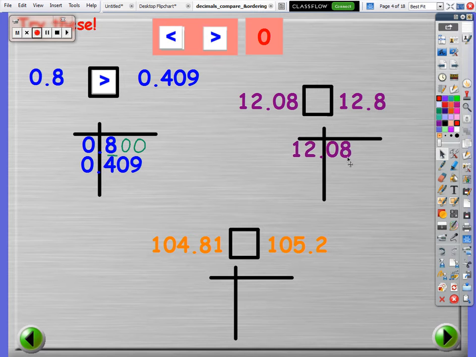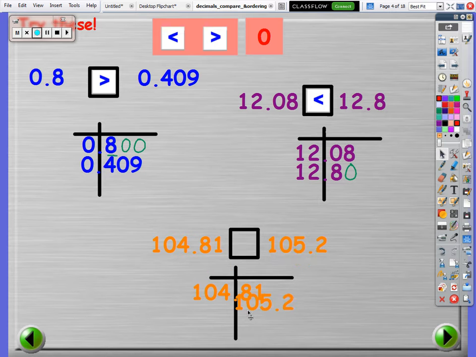Let's drag, add my 0. Let's look, 1's the same, 2's the same. Oh, my 8 is bigger, so that goes this way. So 12 and 8 hundredths is less than 12 and 8 tenths. Let's drag and drag.